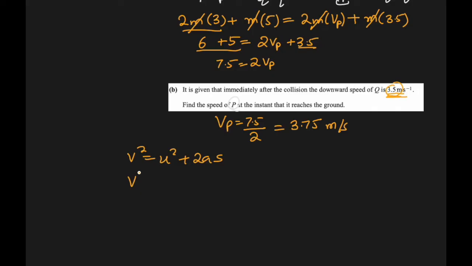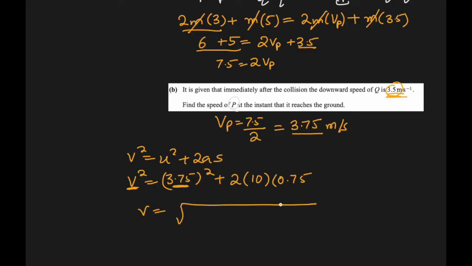This is the speed at the ground, v square. u is 3.75 plus 2 times, it is going down and speeding up, so we'll write positive, because v is also downwards, u is also downwards, so it will be positive 10, and s is 0.75. So v will be the square root of 3.75 square plus 20 times 0.75, which is 15. Let's put this in a calculator and see how much is the speed downwards.